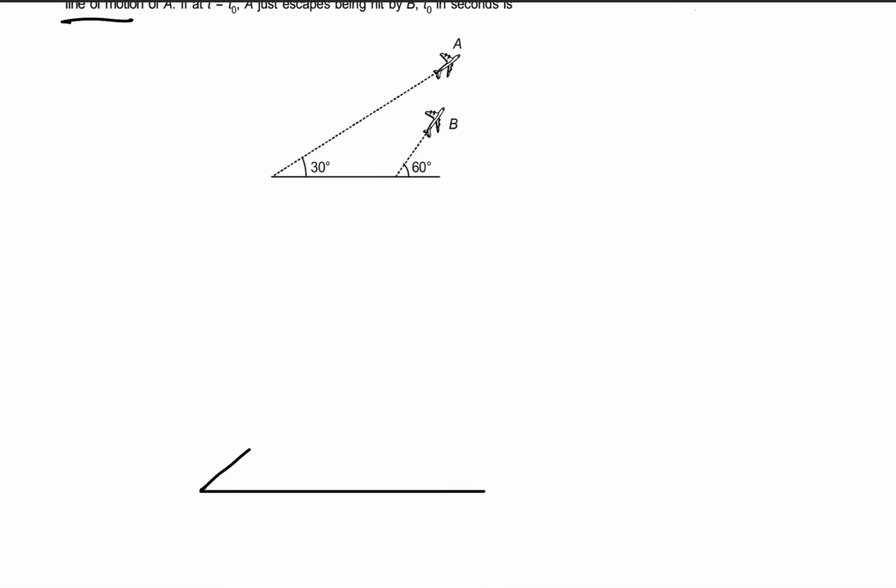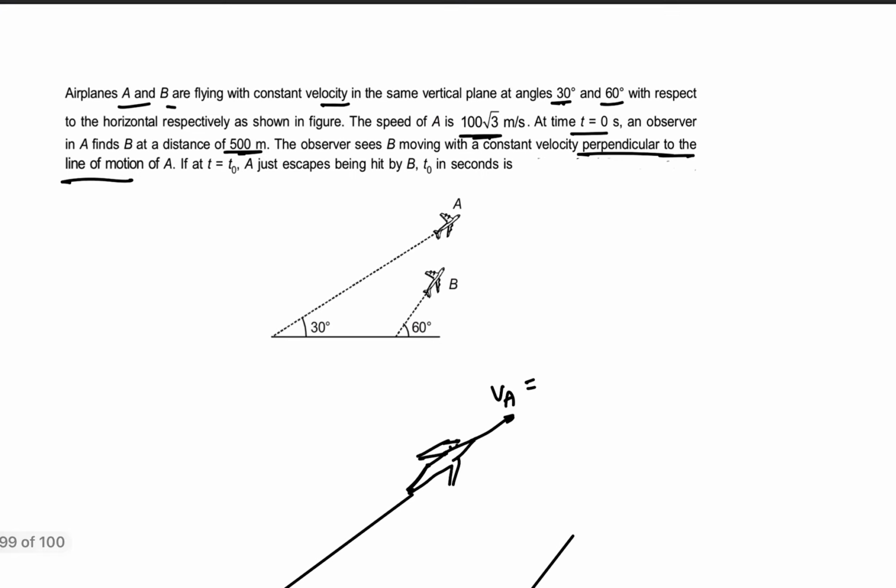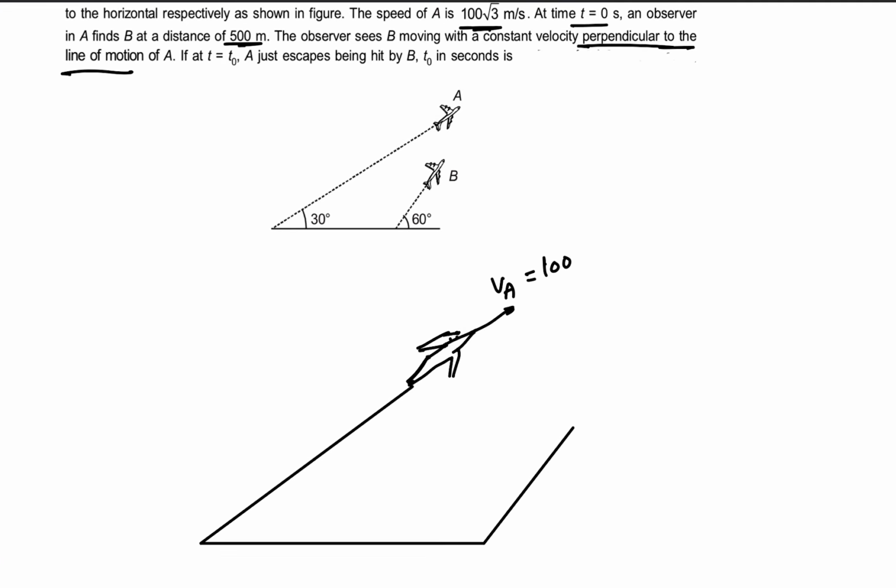Now observe this carefully. This is A and B going like this. First one, A is moving like this. VA is given as 100 root 3 meter per second, which is making an angle of 30 degrees.